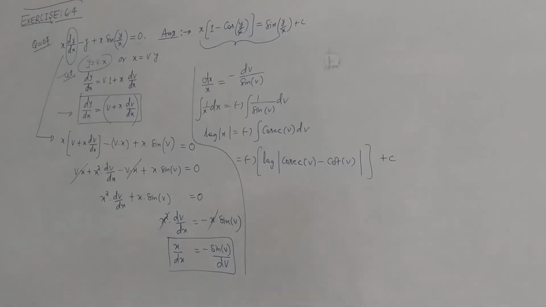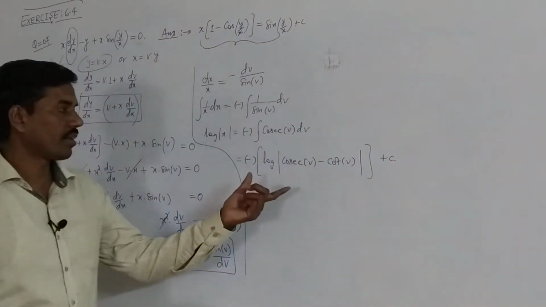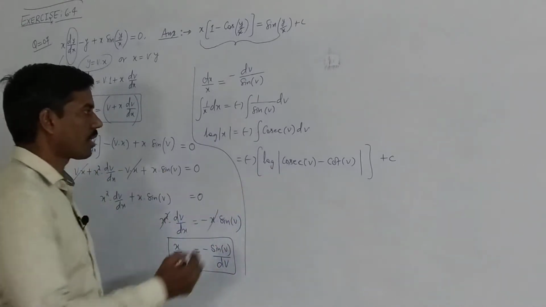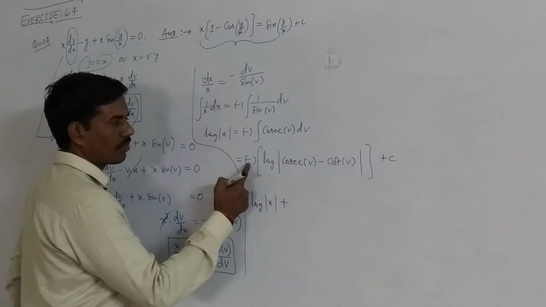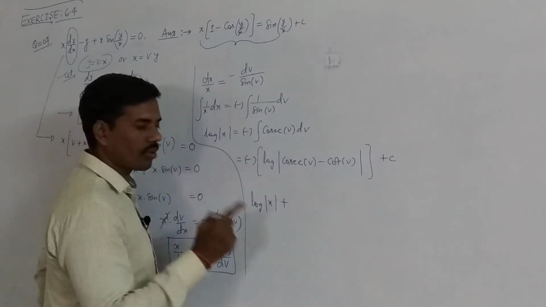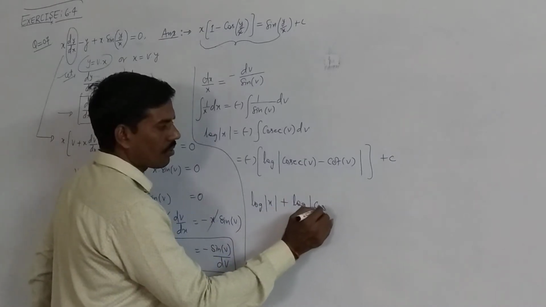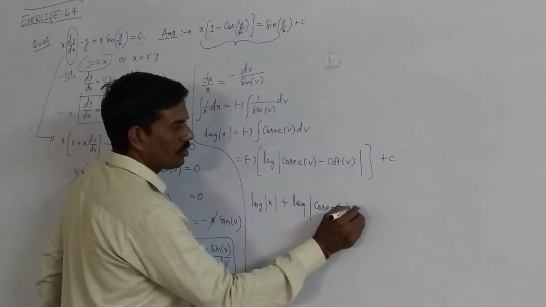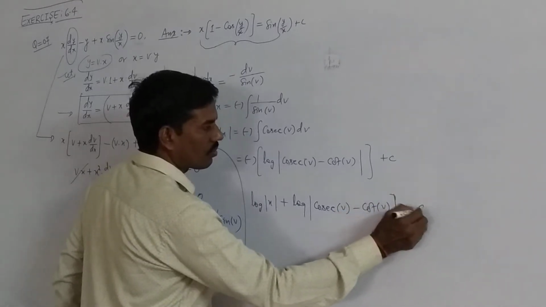Clear? And when we take the right hand side terms to the left hand side, it becomes log of mod of x plus log of cosec of v minus cot of v is equal to c.